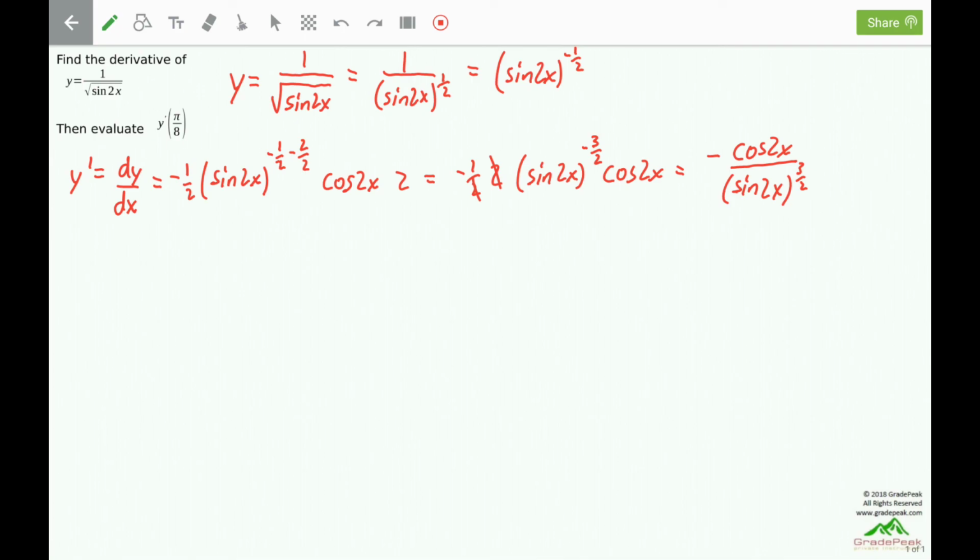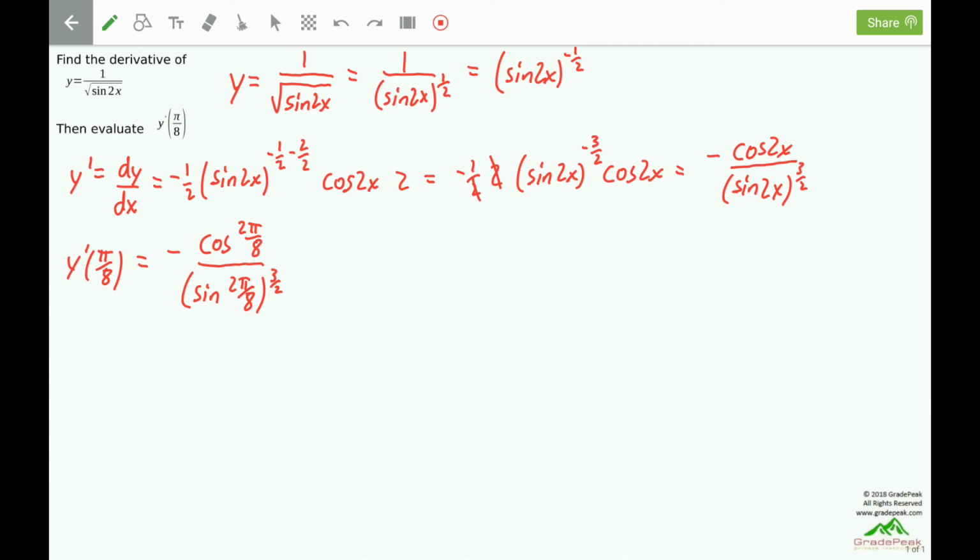The next thing to do is to evaluate y prime of pi over 8. That means to plug a pi over 8 in for all of our x's. So that will give me a negative cosine of 2 pi over 8 over a sine of 2 pi over 8, quantity raised to the 3/2 power.